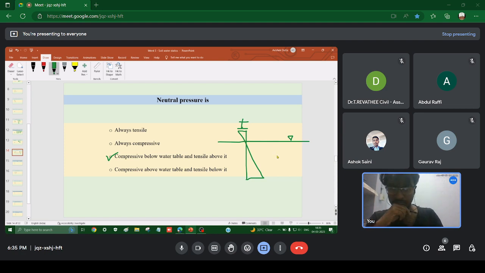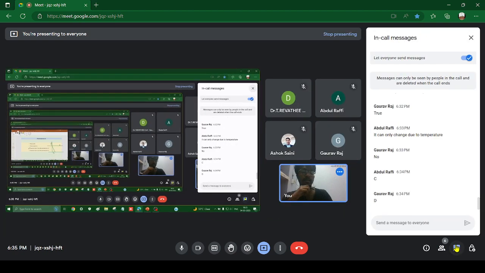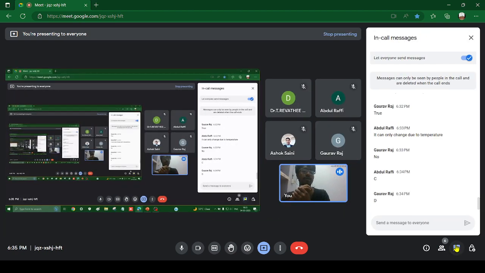However, below the water table, the soil is saturated, and hence the pressure is compressive. So compressive below the water table and tensile above it. This is the correct answer. Clear? Gaurav? Is it clear? Above the water table, pore pressure or neutral pressure can only be due to capillary action, which is tensile in nature, because it adds to the effective pressure. Yes, okay.